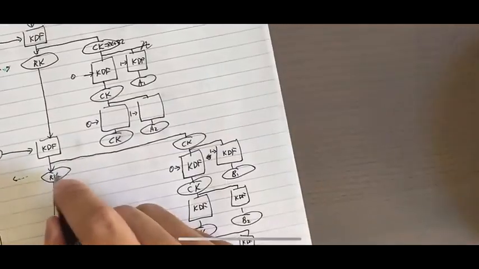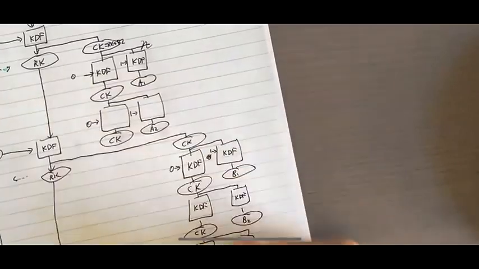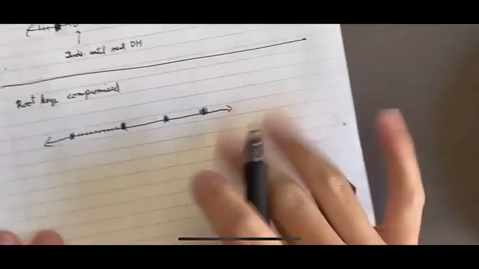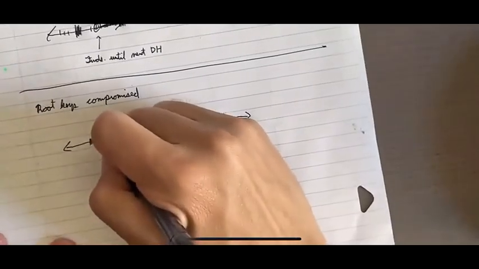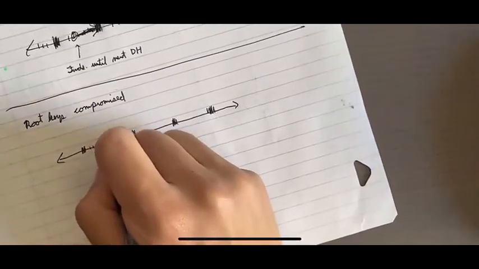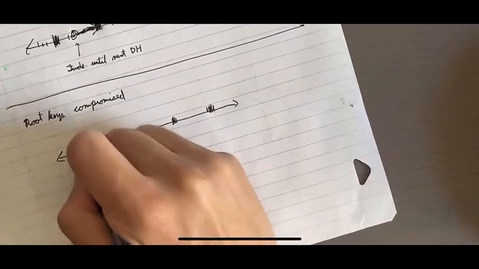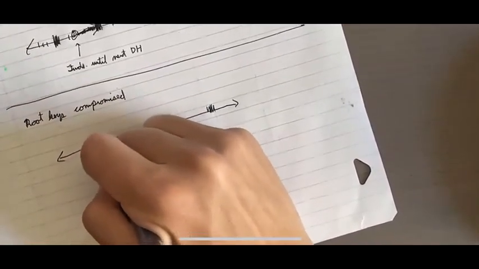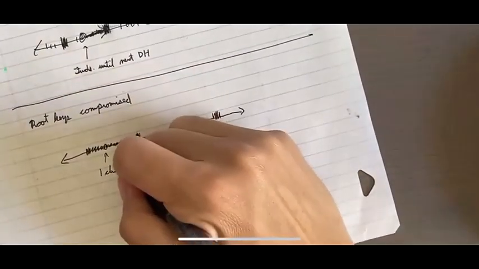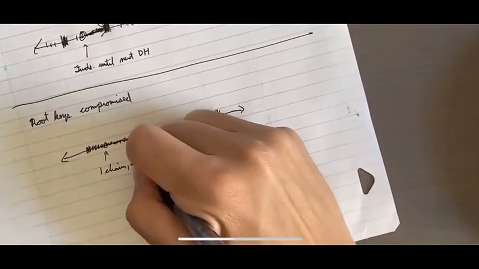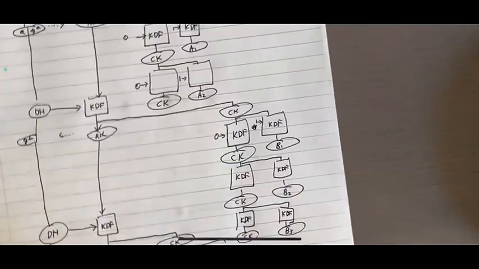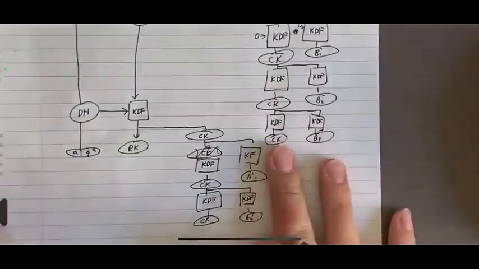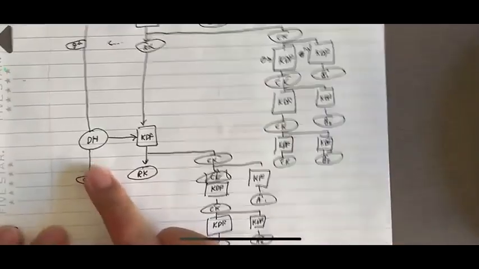So even if they compromise the root key, they've only compromised one of our chains. And we'll get into exactly how long these chains are in a moment. But let's say they compromise the root key here. They can go backwards, learn all of that, learn all of this, one chain until Diffie-Hellman.